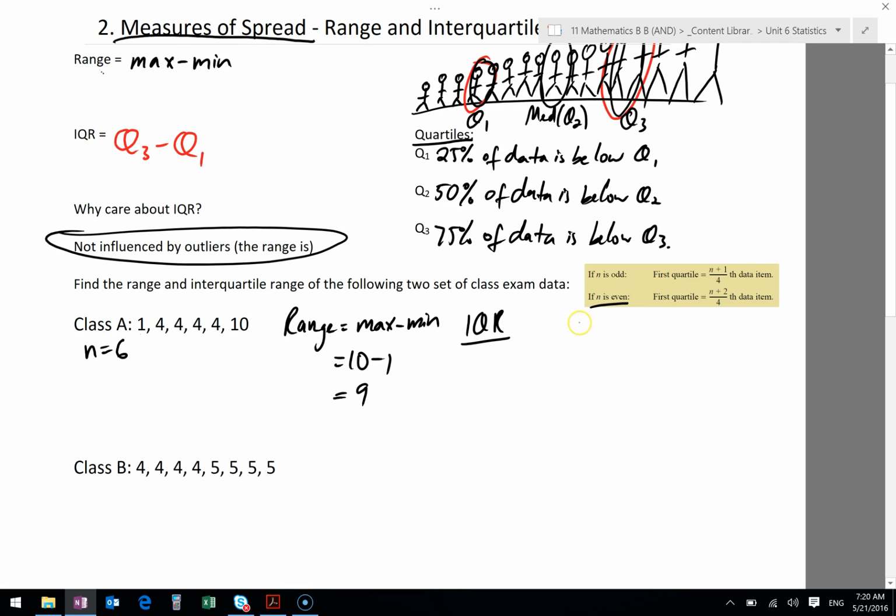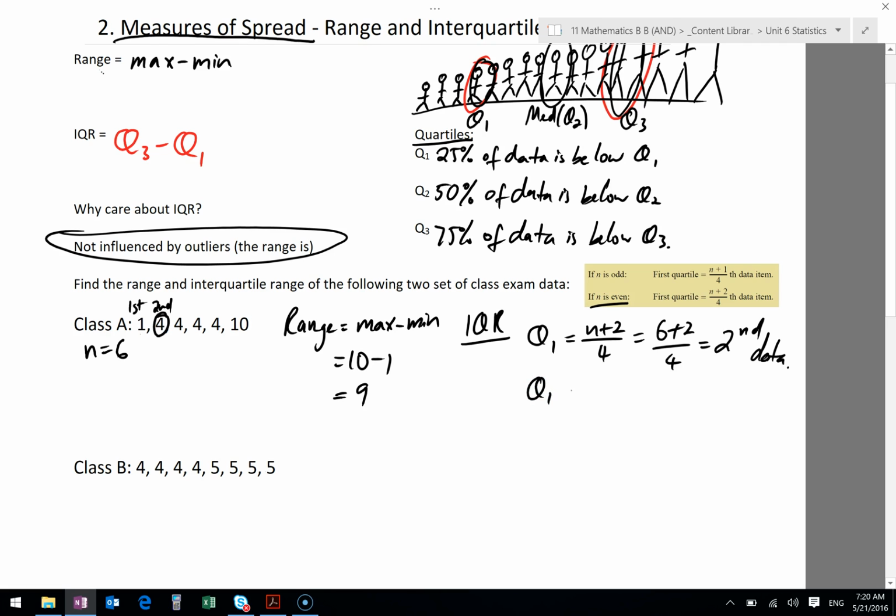So in this case, the first quartile, Q1, will be at the (n plus 2) on 4th data point, which would be 6 plus 2 on 4, or the second data point. So I'll go into my data set, and I'll go first, second, there it is.